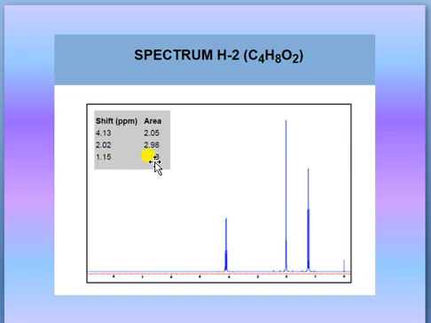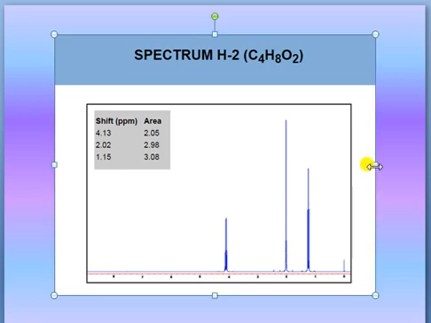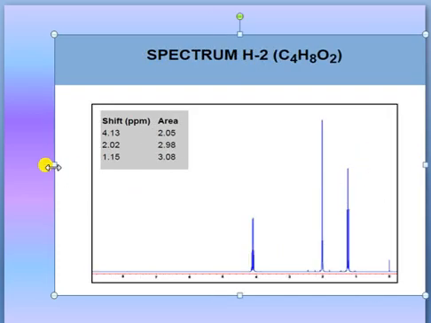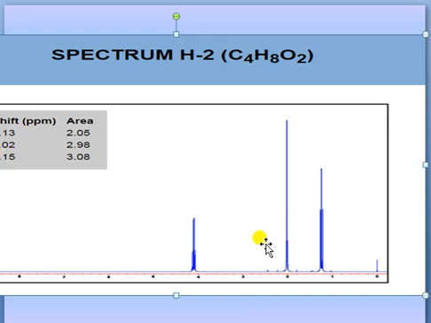And 1.15 is the terminal CH3. Here no multiplicity has been shown, but from the spectrum you can clearly see that this is a quartet and this is a triplet.